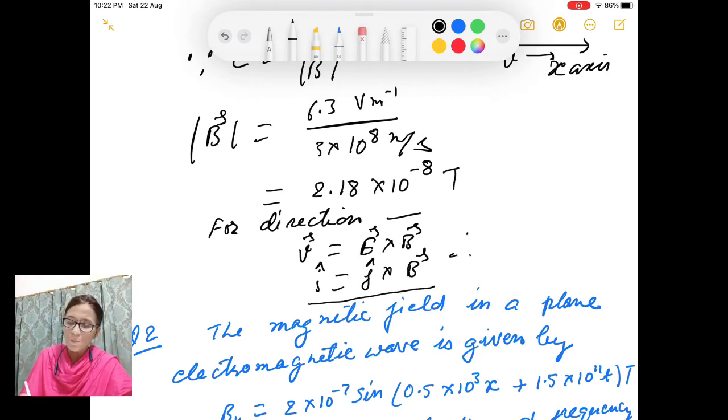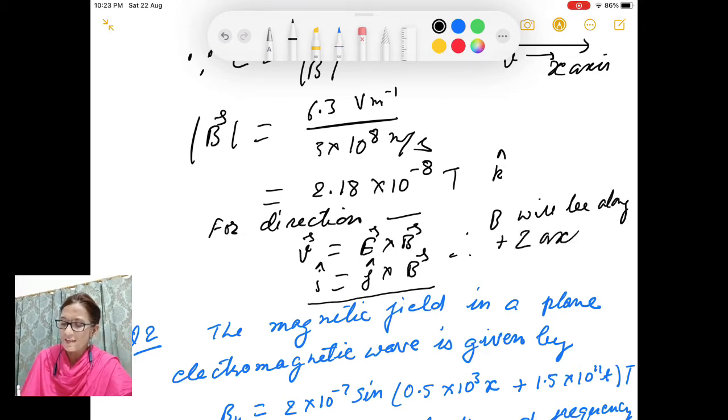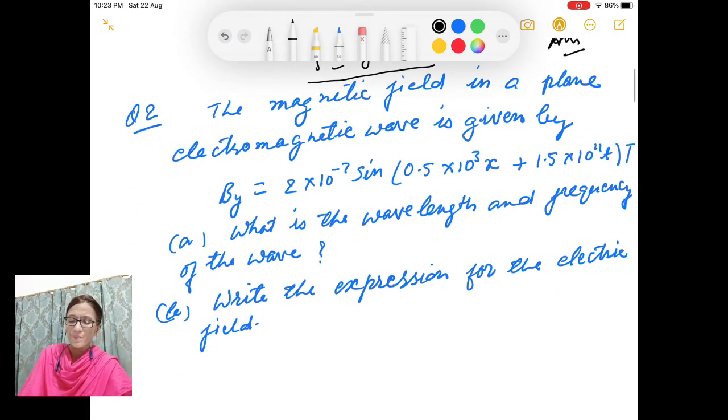So therefore B will be along k cap, along the positive z axis. So this is the answer to question number 1.